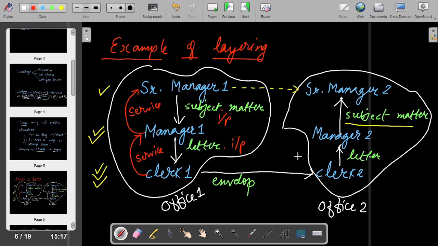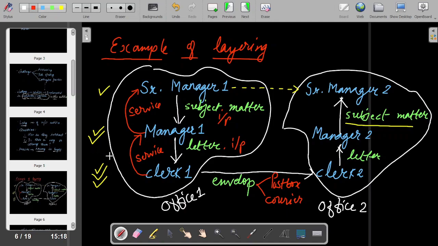Let me explain the benefit through an example. I said that clerk 1 prepares the envelope and he drops that envelope into a post box. Right? It may happen that clerk may send that envelope through courier.